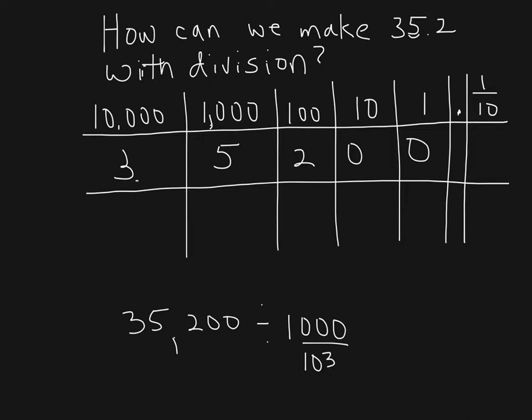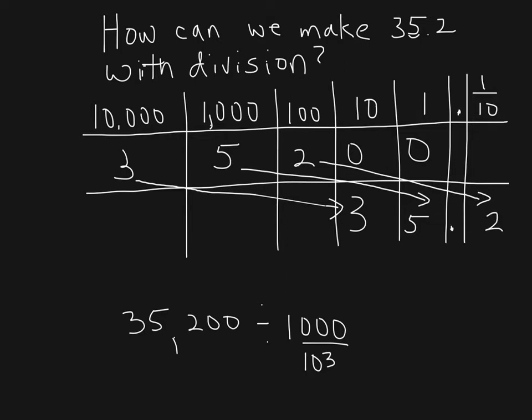So this 3 in the 10,000ths place will come all the way over here to the tens place. And this 5 in the thousands place will come over to the ones place. And the 2 in the hundreds place will head on over to the tenths place.